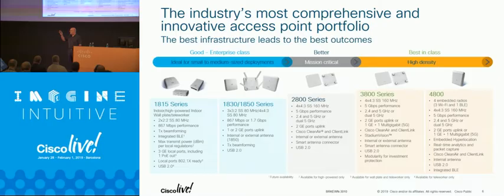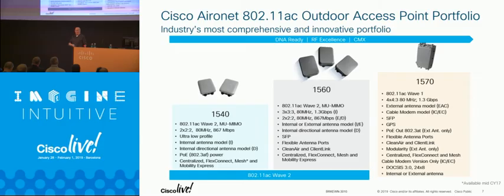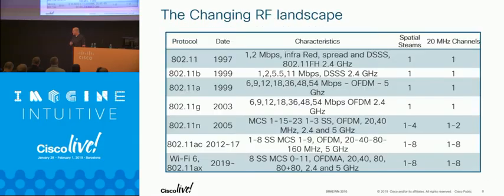Just a couple of people. You know what we use them for here and at other shows is any place we don't get coverage because the booth went up, man, you throw one of them little things in, life is happy again. 2800, 3800, and a 4800. How many of you deployed a 4800 yet? Okay. And then the outdoor line. So everything is at least up to 802.11 AC at this point.